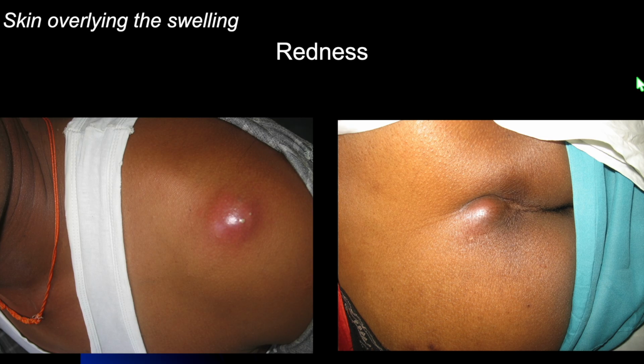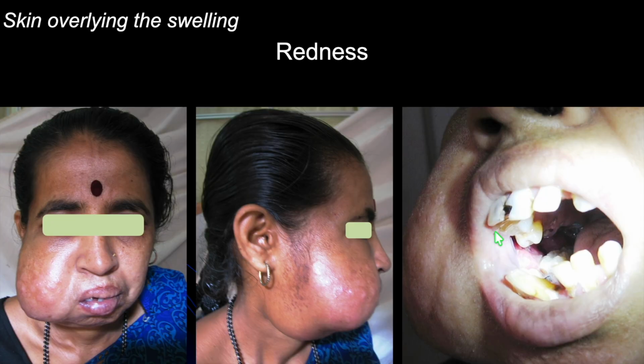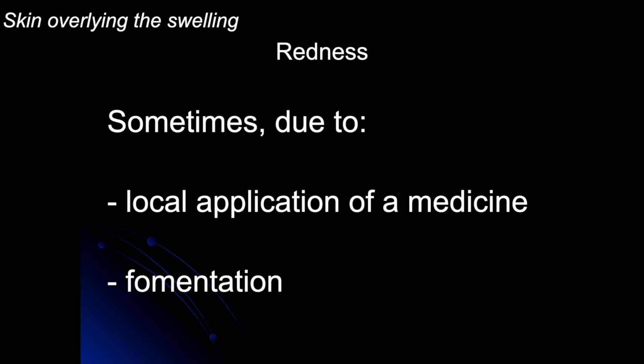This one was on the left shoulder and this one was perianal. This was a malignant tumor of cheek. Redness here was due to infiltration of the overlying skin. Sometimes redness may result from irritation due to local application of a medicine or fomentation.